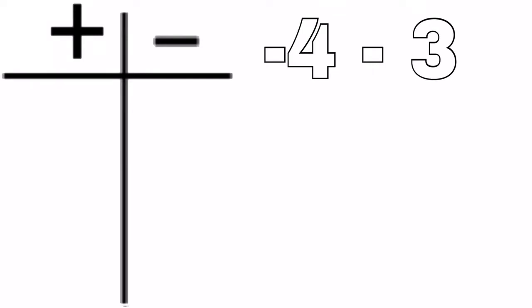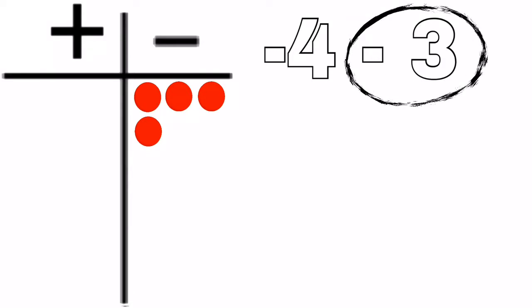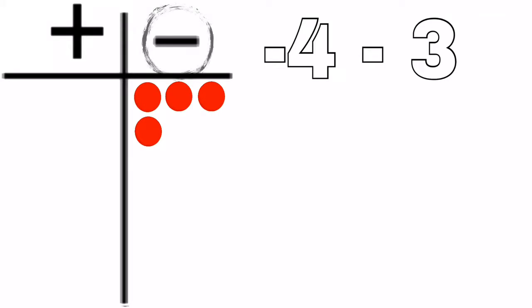My first number is -4. So I'm going to go to the negative side of my T-chart and put -4 red dots. Then I also see that I have -3. So I'm going to continue to stay in my negative column and put 3 more negative red dots.